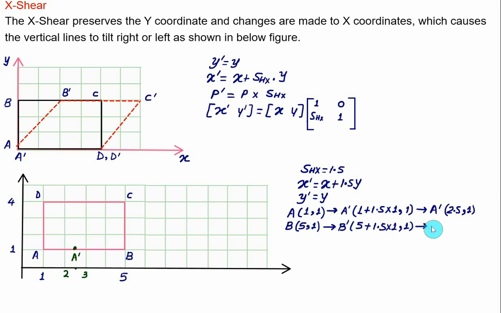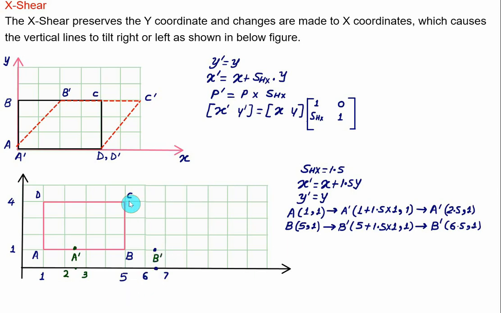So you will get B' equal to 1.5 plus 5, which is 6.5 comma 1. So we have 5, 6, 7. So somewhere we have 6.5. So this point represents the new position of B after transformation, B'.